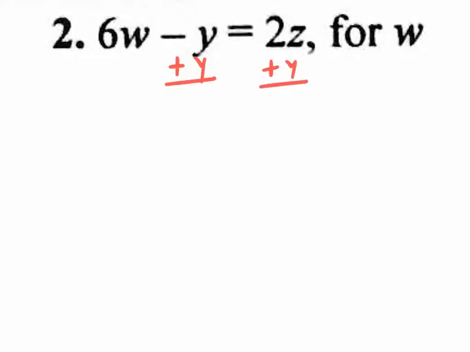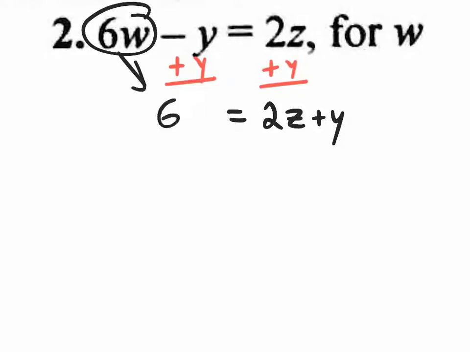Now, notice 2z plus y, those are not like terms. Now, if it were a 2y plus y, that would be a total of 3 y's. But you have a z and a y, you cannot add z's and y's. So you're just going to have to rewrite it. So on the right side, you're going to have 2z plus y. And on the left side, what do we have left over? 6w.